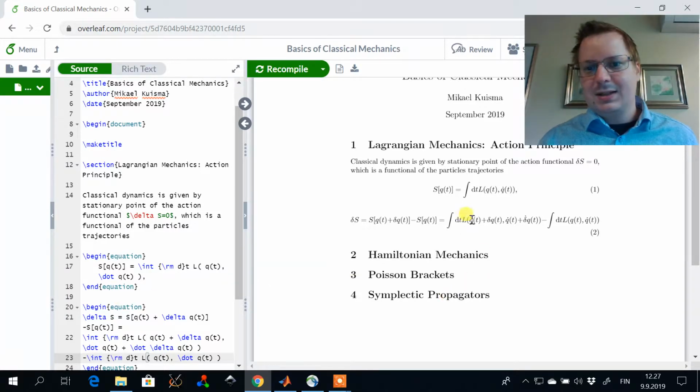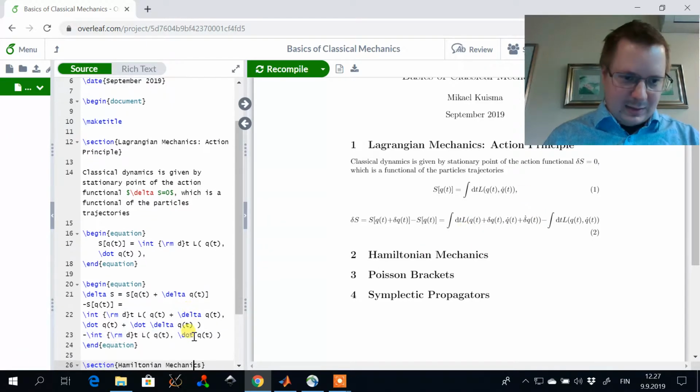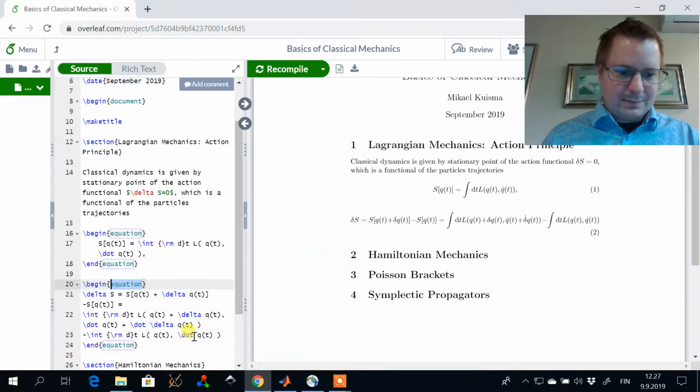So we can see that now we have the variation of this L with respect to its first argument and second argument. And now we can expand this as a Taylor series. And there we need the partial derivatives of L. So let's do that next.